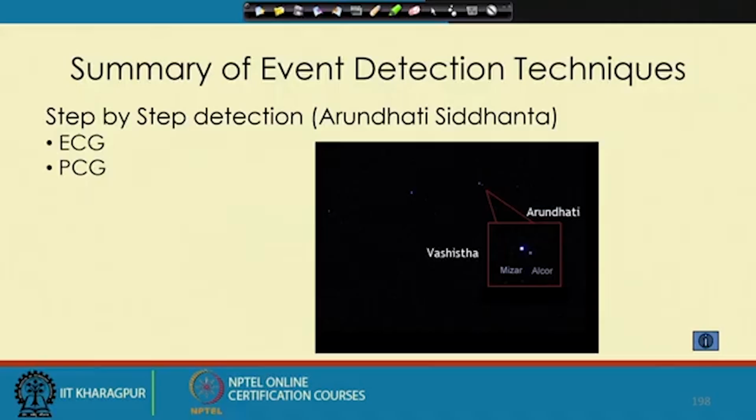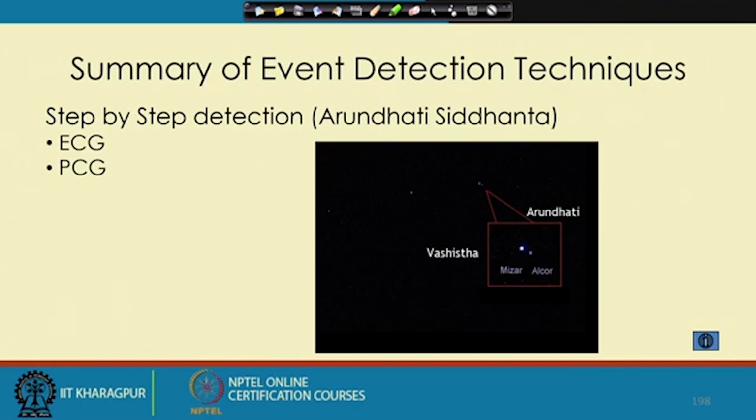Now, the way to get it is, first you find the most prominent star in the north sky, that is Vashishta, and once you look into its vicinity, you can find a very small twinkling star, and thereby, with reference to Vashishta, you get the star Arundhati.